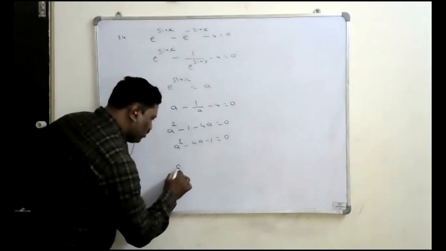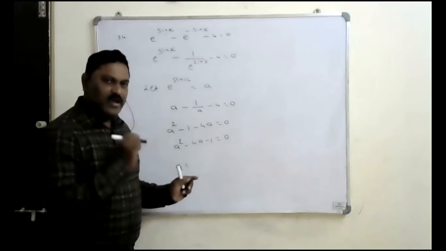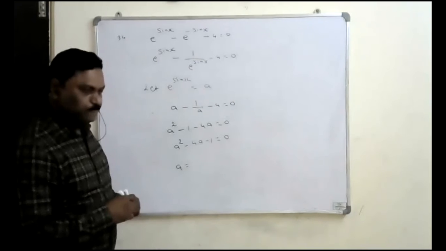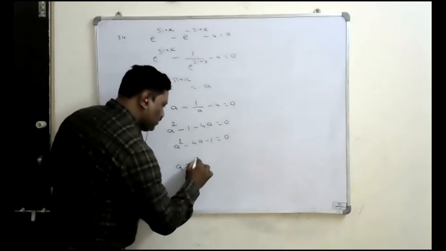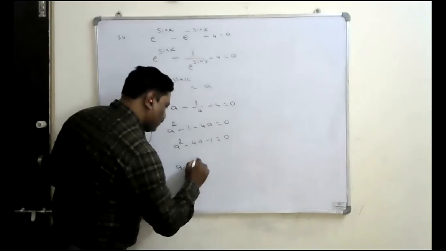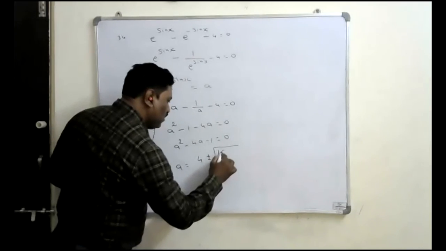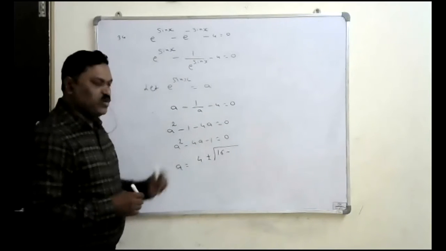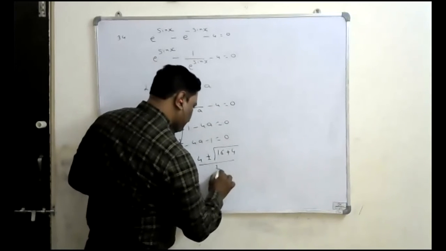That is a is equal to, we will apply the formula minus b plus or minus under root b square minus 4ac by 2a. Minus b. What is b here? Minus 4. Minus of minus means plus 4. Plus or minus root over b square means 16 minus 4ac. 4 into 1 into minus 1 means plus 4, by 2a.